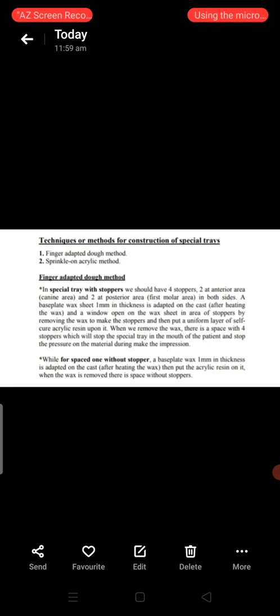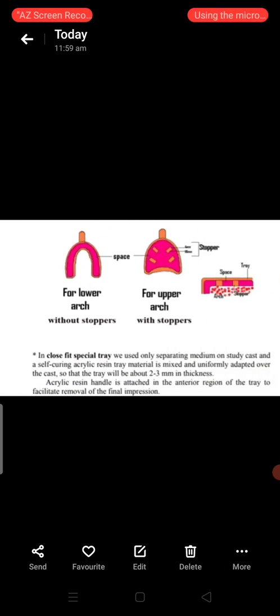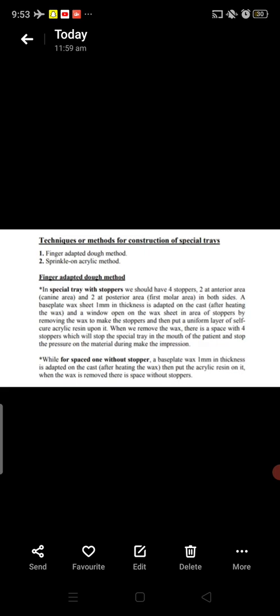Now, finger adapted dough method. In special tray with stopper, we should have 4 stoppers, 2 in the anterior canine area and 2 in the posterior first premolar area, on both sides.